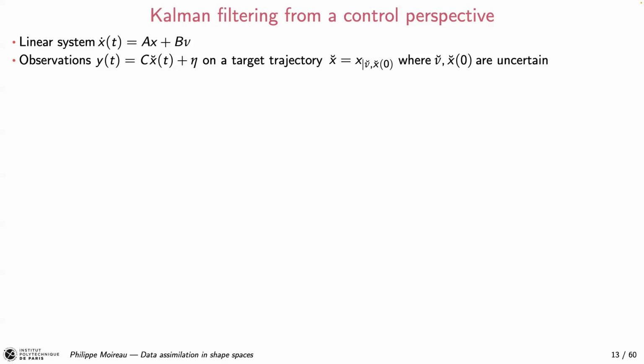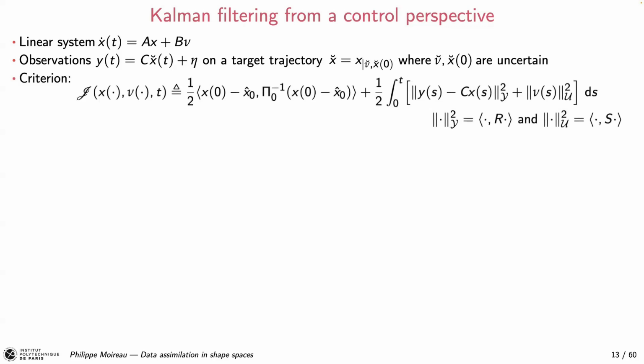The way to do that, as often, is to define some criterion to be minimized. In that case we consider a linear quadratic criterion. You penalize the initial condition from an initial guess.